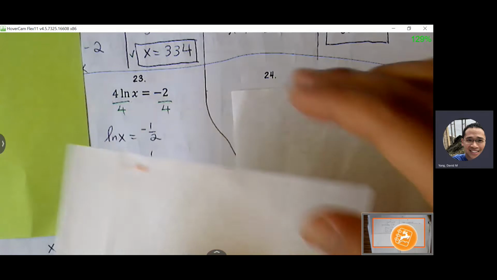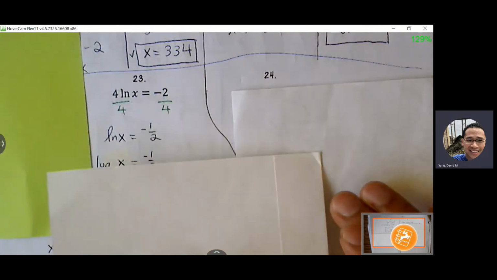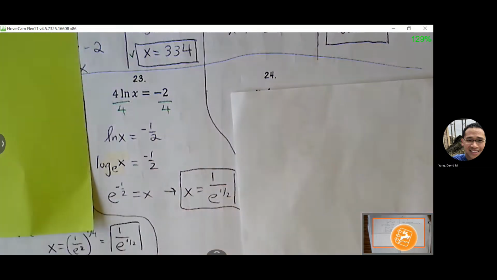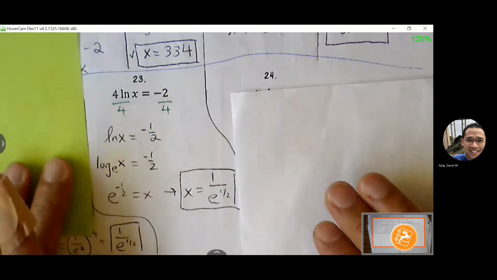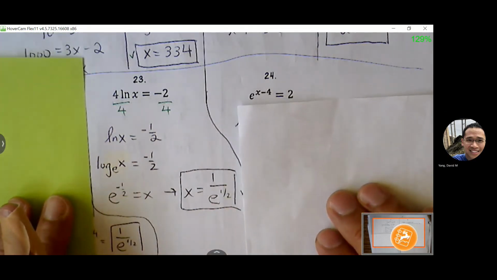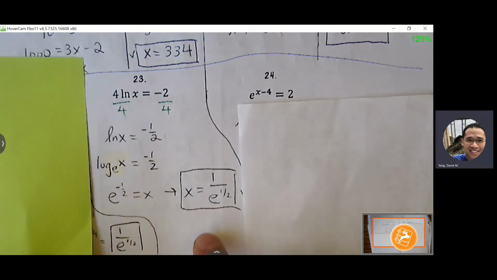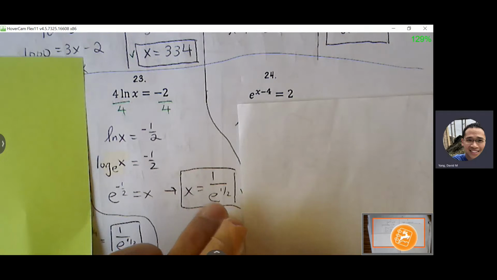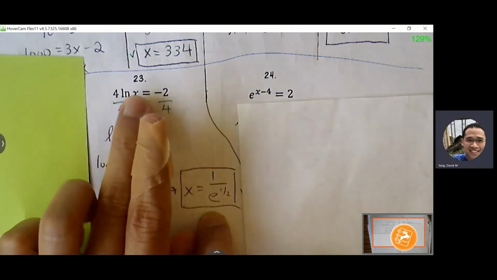All right, get that base e to show up, convert to exponential form, solve for x. Double check, 1 over e to the 1/2 is just a really, really small positive number, and that's not going to cause any issues with the argument.